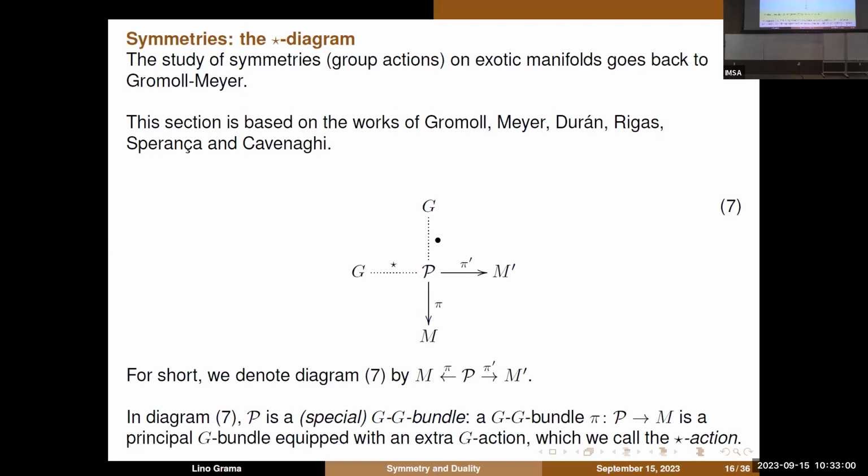The main idea is to consider two actions that commute. We can capture some symmetries from the different actions, and we glue these pieces. The gluing is given by the transition functions of this bundle. This will produce the exoticity, and actually we have an additional group action to consider on this space.